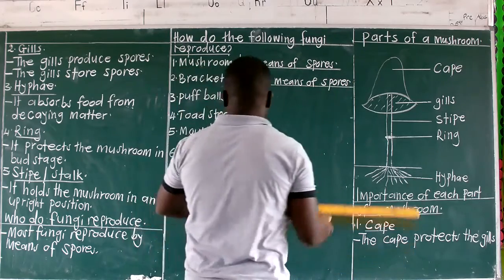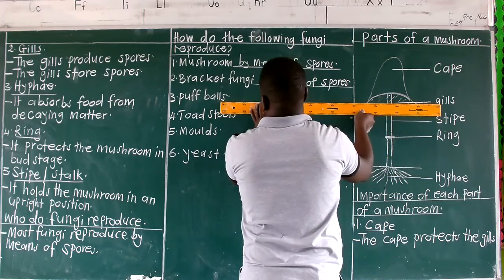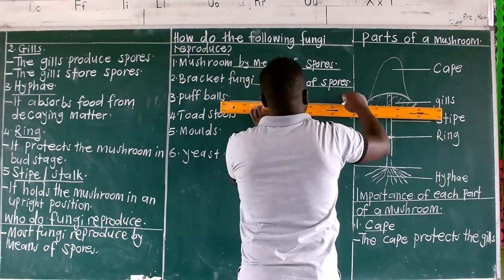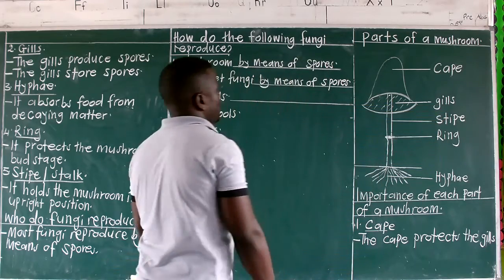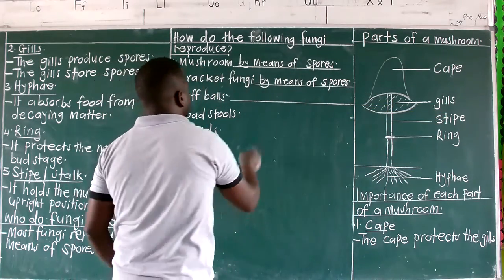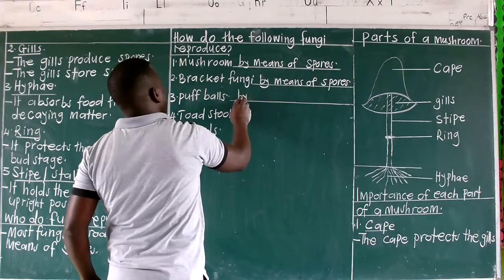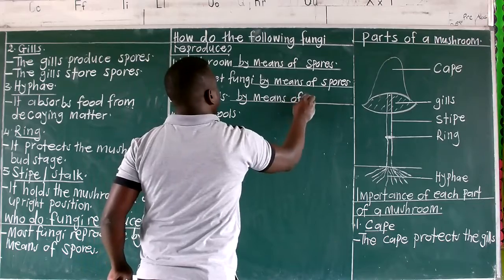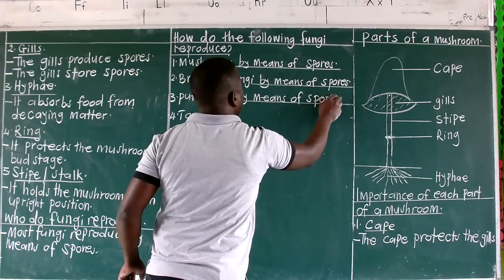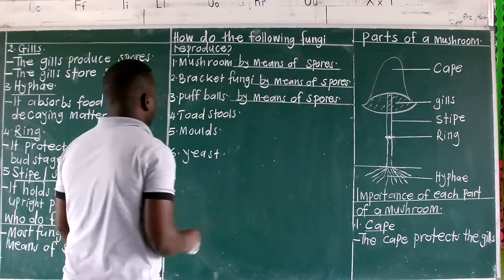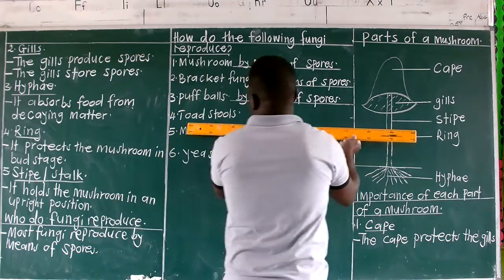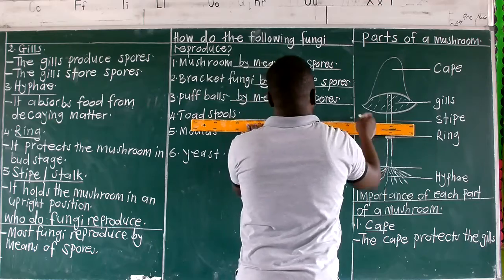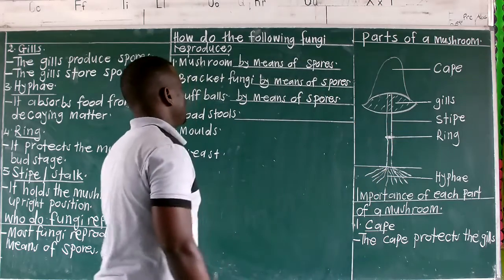Then we have puffballs. How do puffballs reproduce? Also, puffballs reproduce by means of spores. Then we have toadstools.